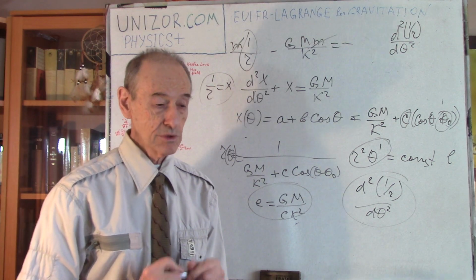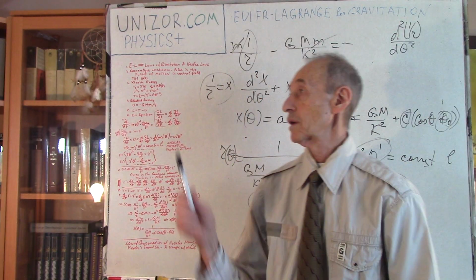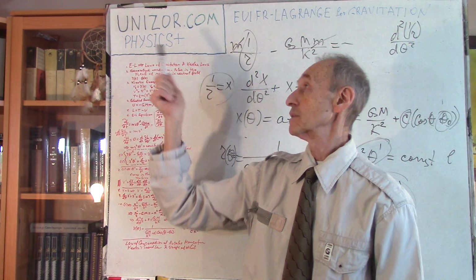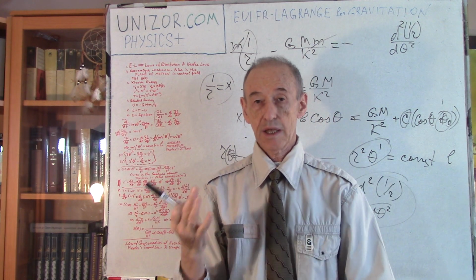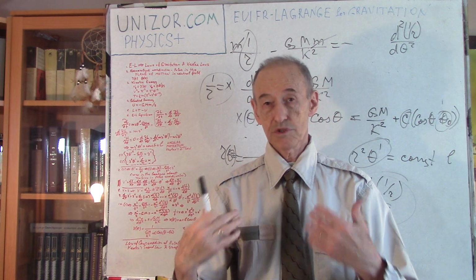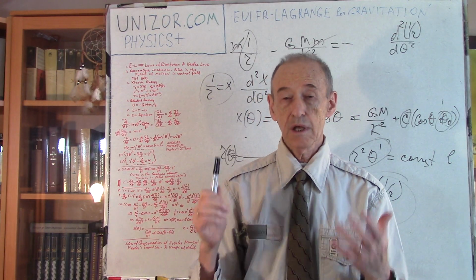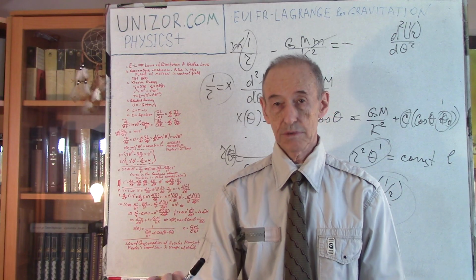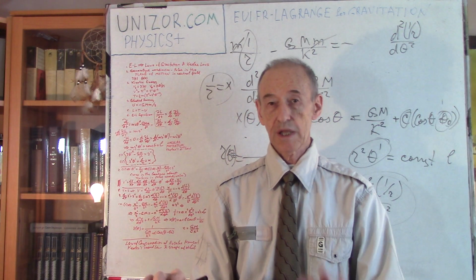Okay, now I do suggest you to read the written material for this lecture. All lectures on Physics Plus and on Unizor.com in general have two parts. They have visual part, which is my video presentation, and there is a textual part. On every page you have the moving picture, and you have a text.